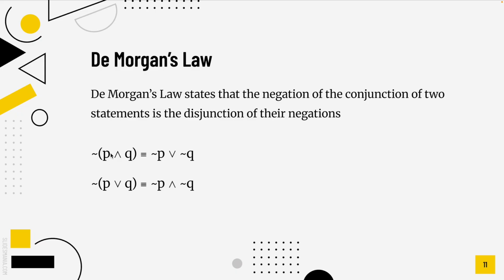So this becomes not P or not Q. Okay, so you can't just distribute this through. If you do, you have to change the sign. So here I can do not P and not Q. Okay, so I can distribute the not through it, but I have to change the sign.